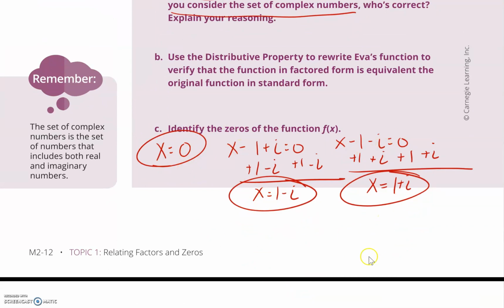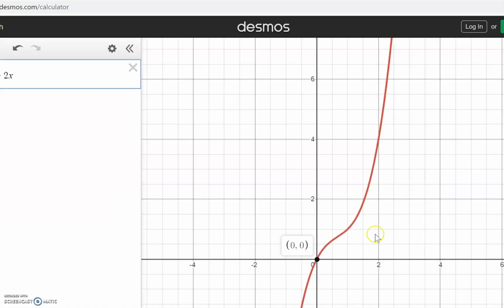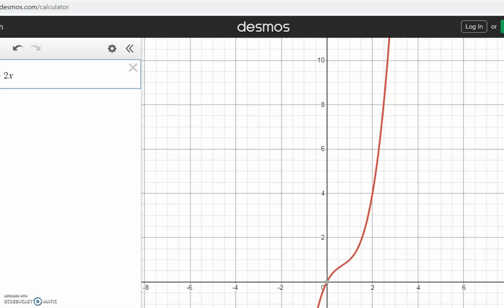So when you have imaginary solutions, that means that this does not cross the x-axis at those solutions. They're imaginary solutions. They don't cross at that point. But these are what they would represent, this turning point.